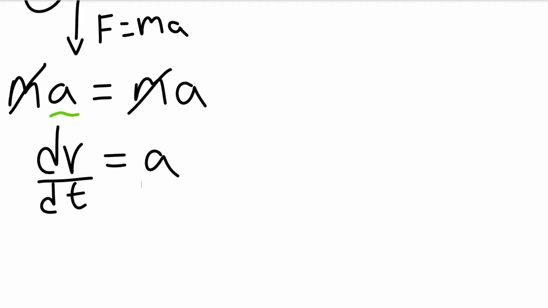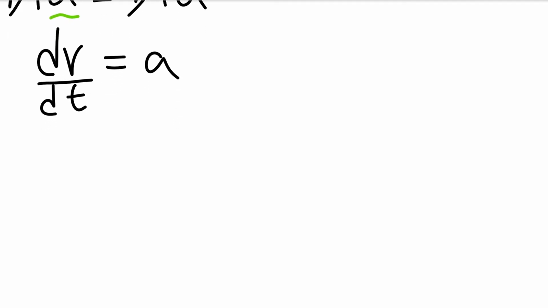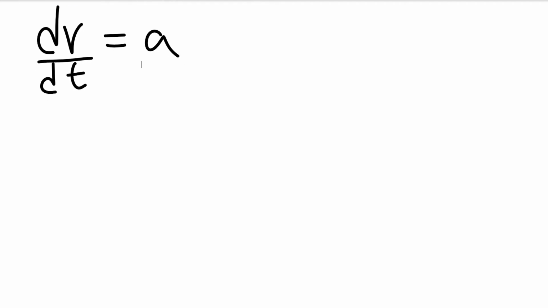And that equals our constant acceleration that we're experiencing from that force. So what we can do is separate this differential equation. We can multiply both sides by dt. And in doing so, we have on the left-hand side dv equals a dt.